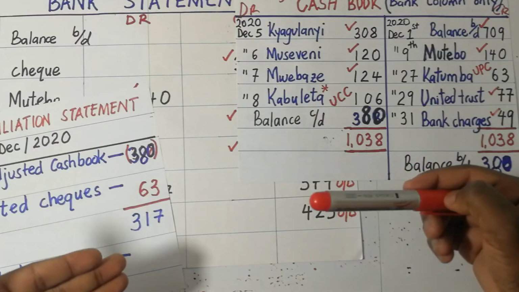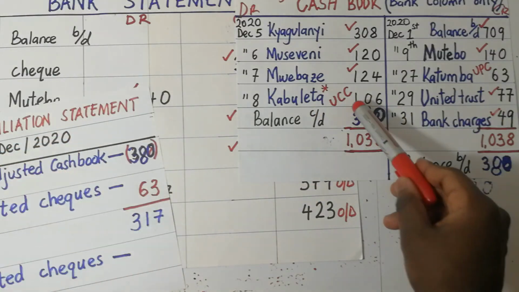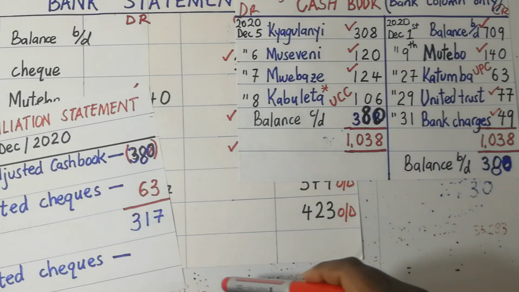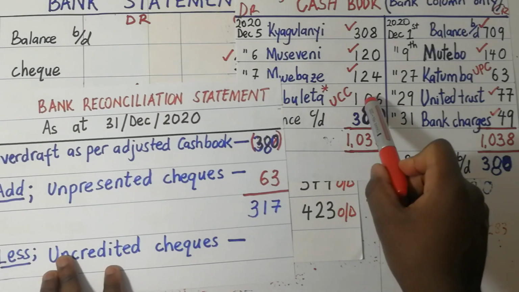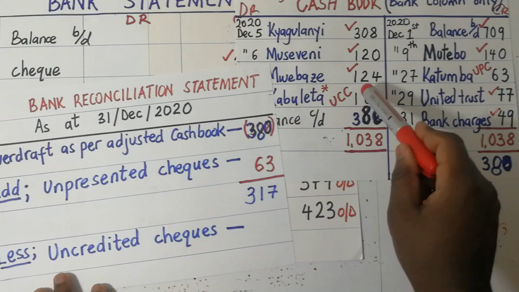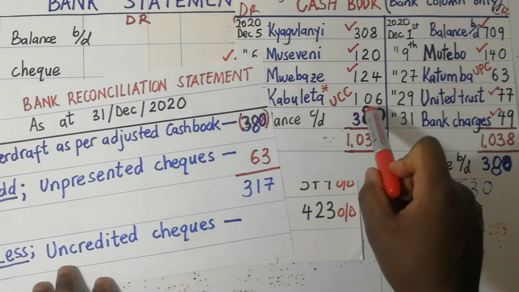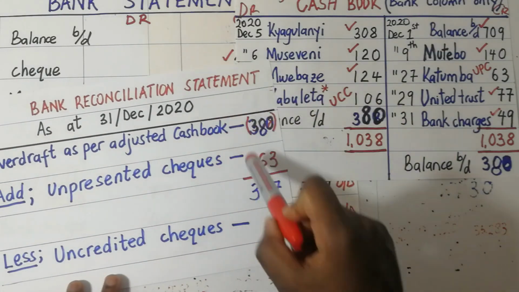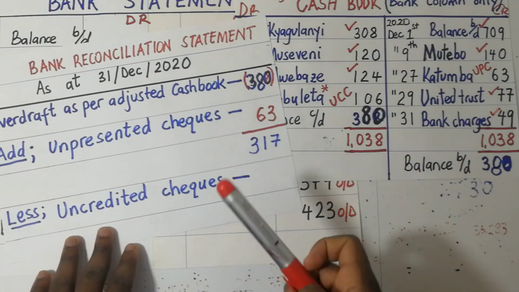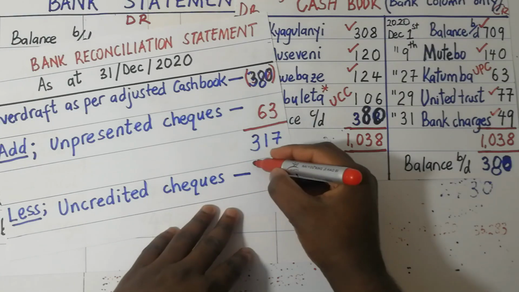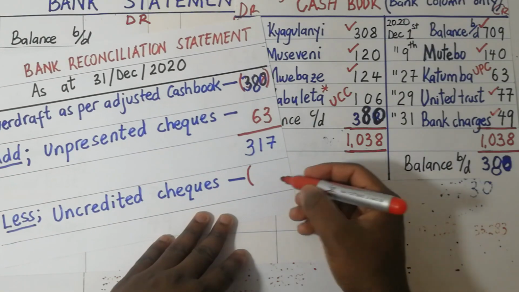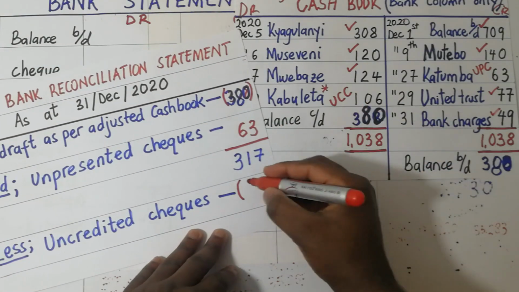It is still a transaction that is in process. It has not yet matured. So we subtract it from our adjusted cash book balance since the money has not yet reached our bank. So our uncredited check here, we shall go ahead and remove this 106.